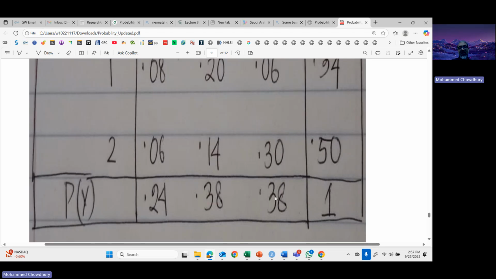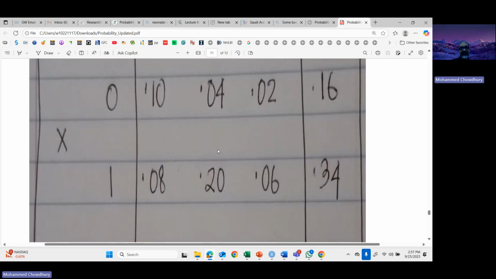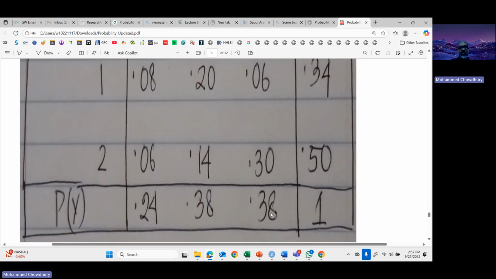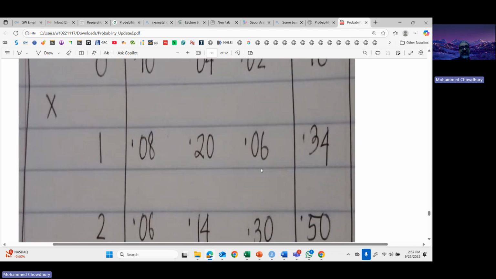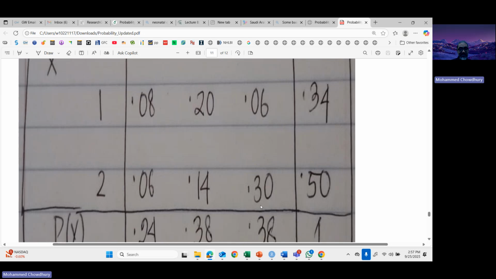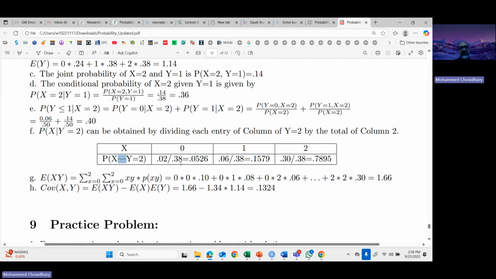Now I want to divide these x values by 0.38. So that is why it is mentioned here: 0.02 divided by 0.38, 0.06 divided by 0.38, 0.30 divided by 0.38.